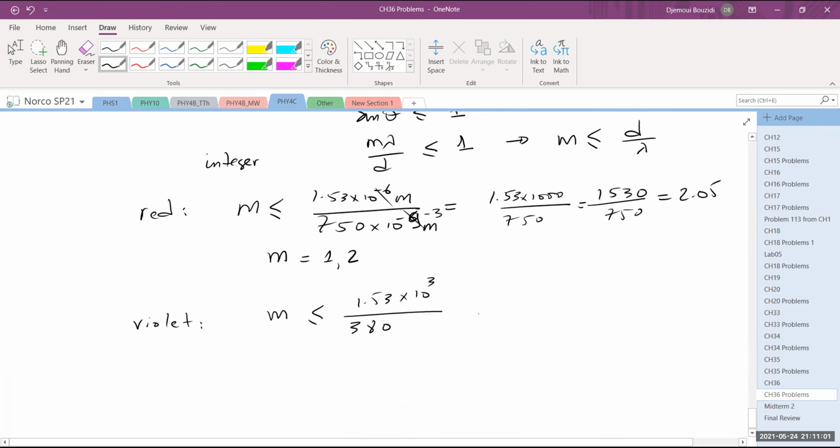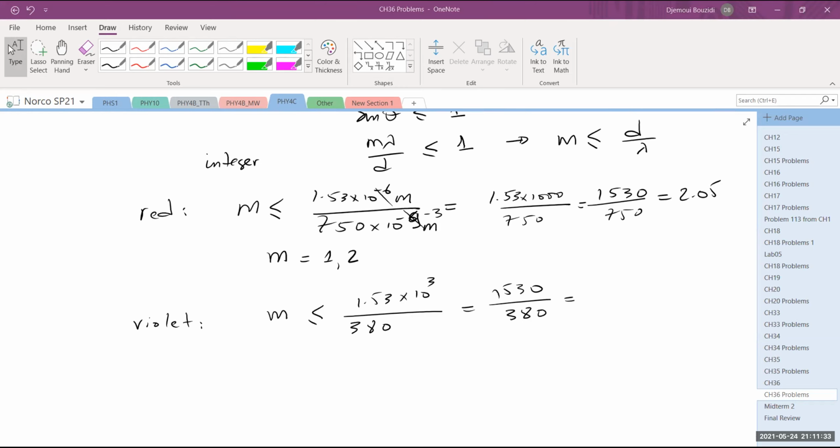I already did the simplifications, so it's 1,530 divided by 380. According to my calculator, oops, I deleted the whole thing. I didn't mean to do that. Hopefully you guys are doing this math.